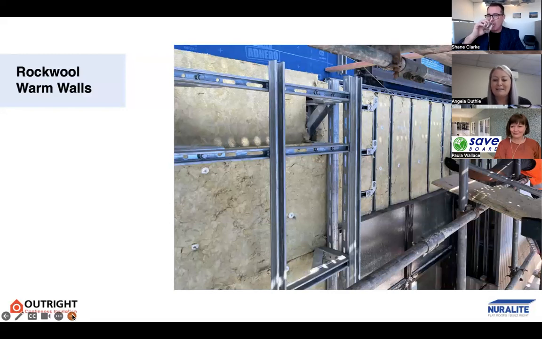Thanks, Shane. So Rockwool is a well-known international brand. It's been in production for over 80 years. The use of Rockwool in this photo here, you can see it as exterior wall insulation. So that ensures fewer thermal bridges and getting the best thermal performance out of the product, which is ideal.